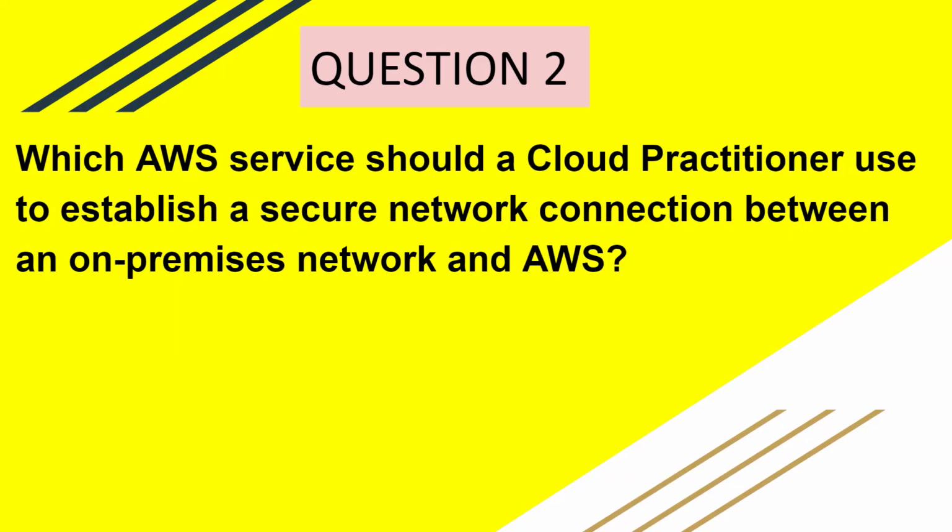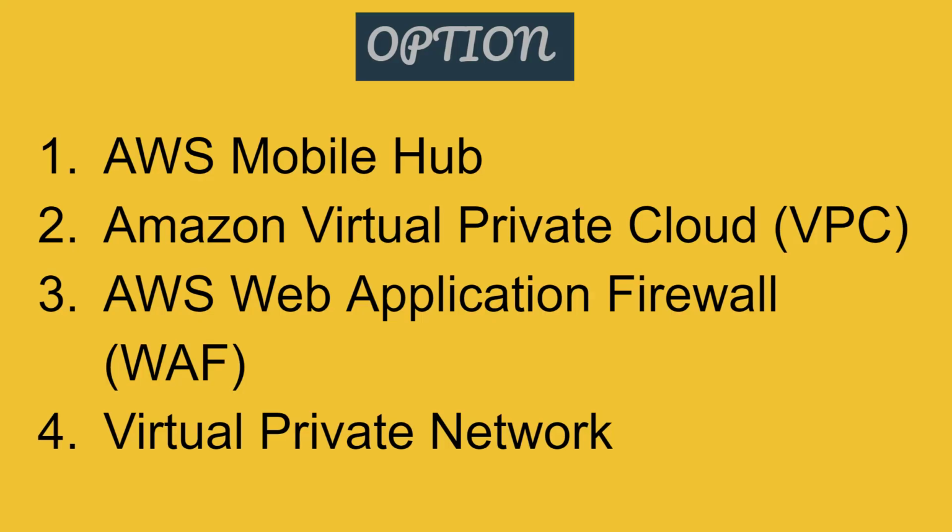Question 2. Which AWS service should a cloud practitioner use to establish a secure network connection between an on-premises network and AWS? Option 1. AWS Mobile Hub. 2. Amazon Virtual Private Cloud, VPC. 3. AWS Web Application Firewall, WAF. 4.